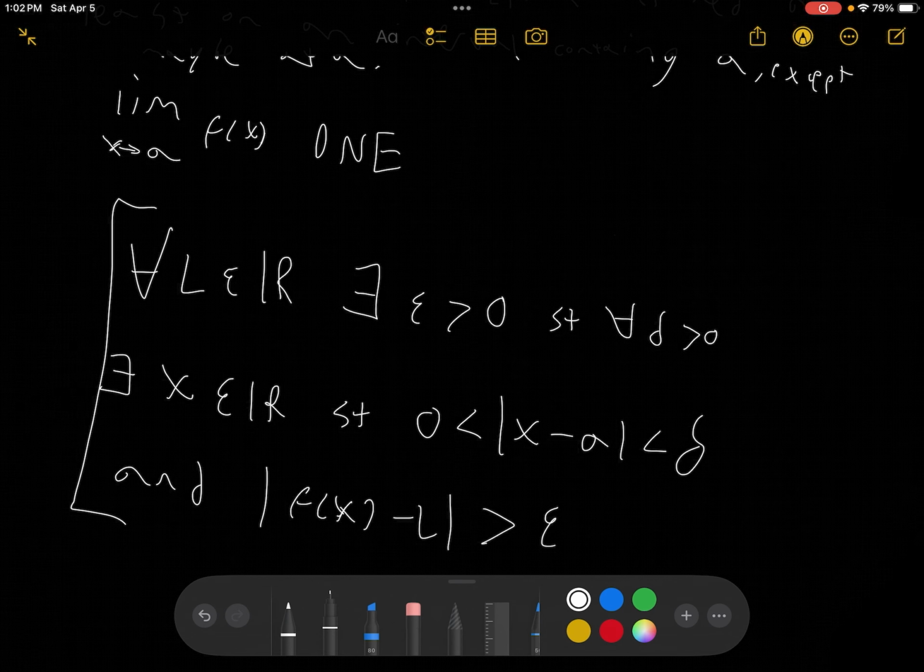So this here is the definition that the limit at a point A does not exist.